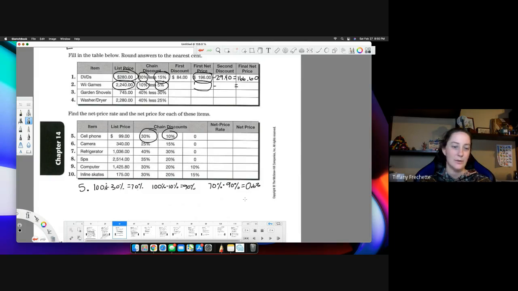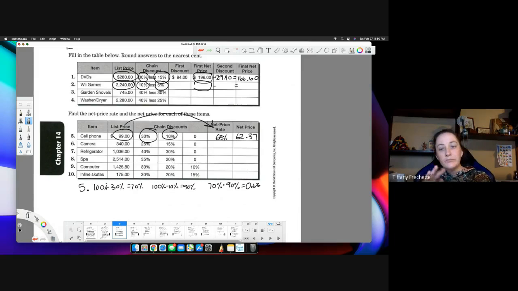So that would be 63%. Now we can take that and multiply right here. The net price rate, that's what they want here, is the 63% that we just calculated. Then we multiply the list price by the net price rate to get our net price, 62.37.